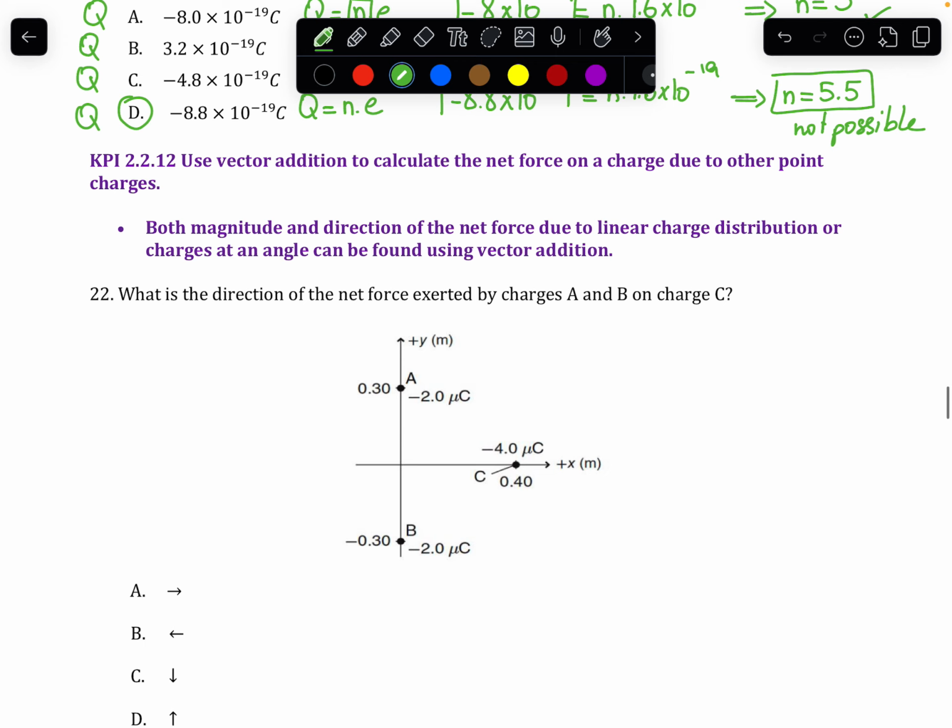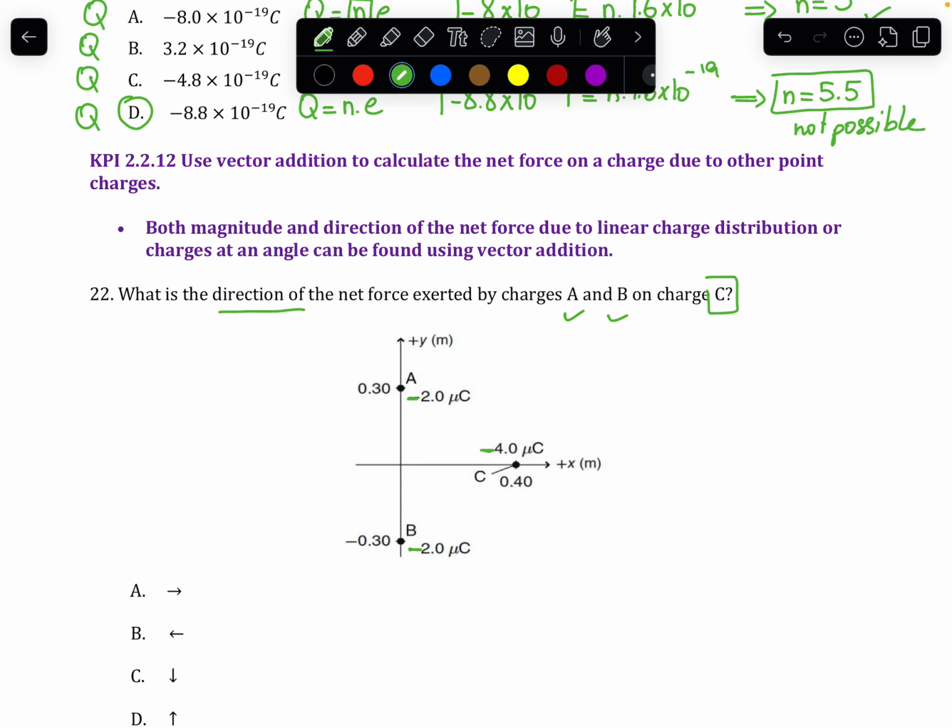Use vector addition to calculate the net force. Here let us discuss the direction of the force. What is the direction of the net force by charges A and B on C? So I'll talk about C. As I can see, charge A is negative, charge B is negative, charge C is also negative.